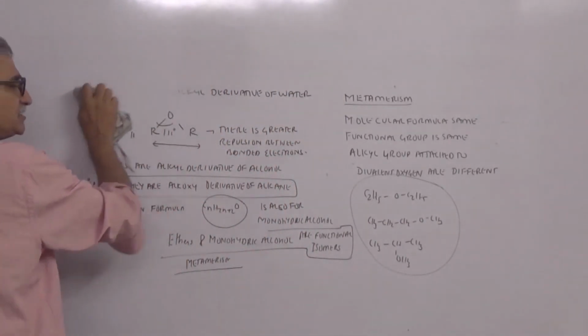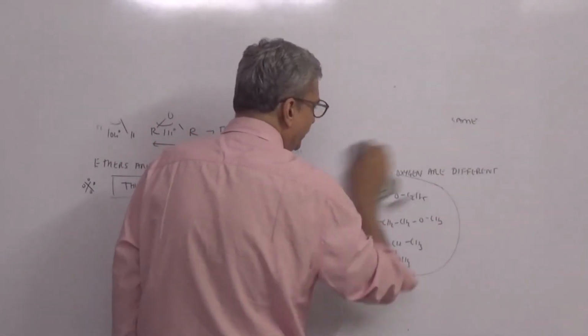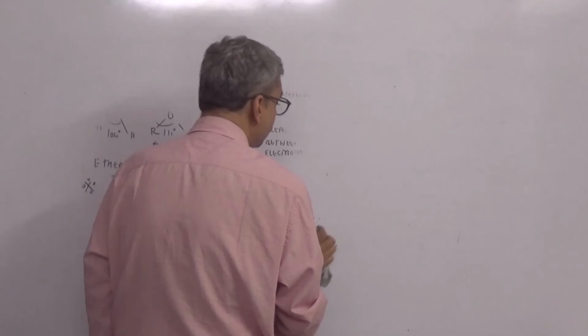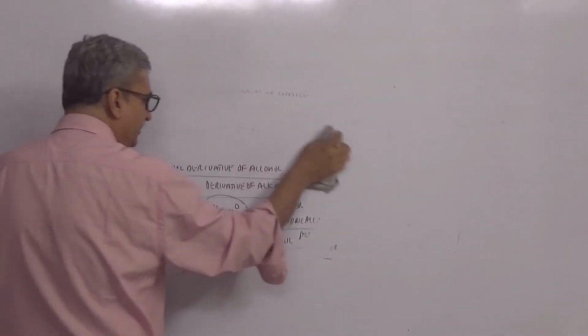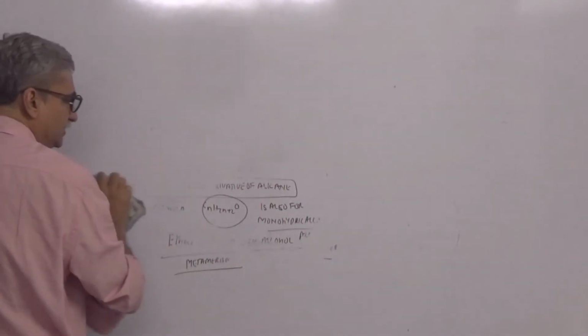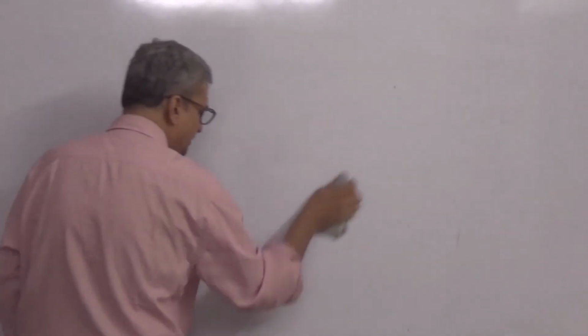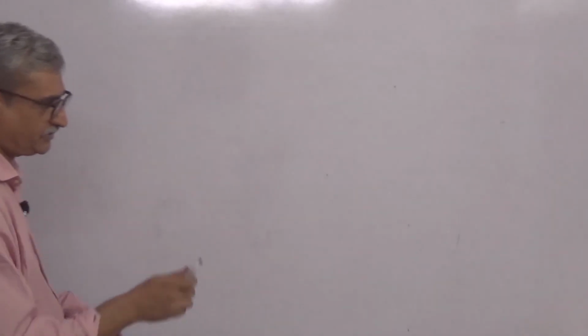Now we come to methods of preparation. I am skipping the nomenclature part. We will concentrate more on reactions and methods of preparation and so on, because there is a lot of concept involved in that. Okay.